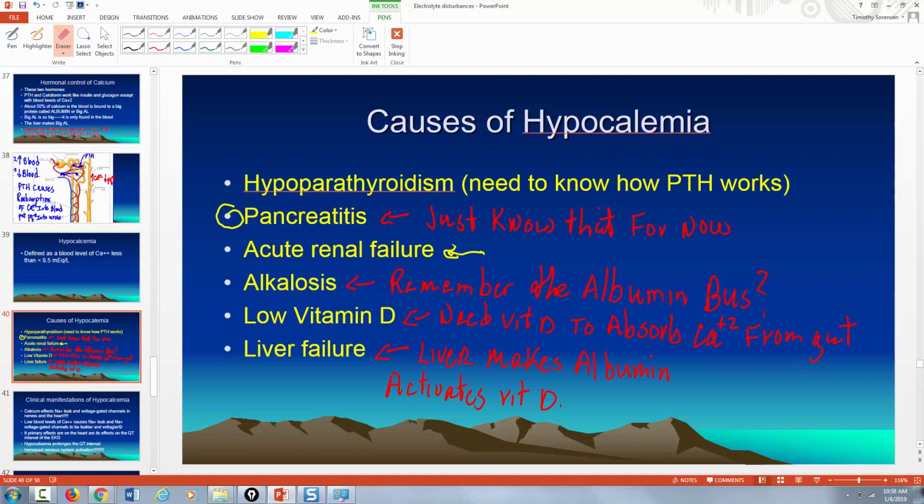So low exposure to sunlight causes low vitamin D. And then liver failure, right? The liver makes albumin, and it's also involved in activating vitamin D. And again, when an organ fails, all the functions of that organ fail, right? So liver failure or kidney failure can result in hypocalcemia.